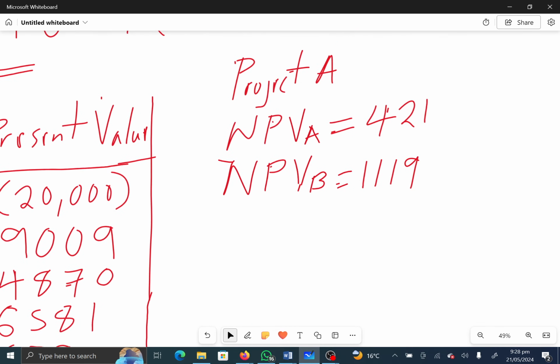So from these two projects, these are the NPVs. The NPV for project A was 421. Then the NPV for project B was 1,119.